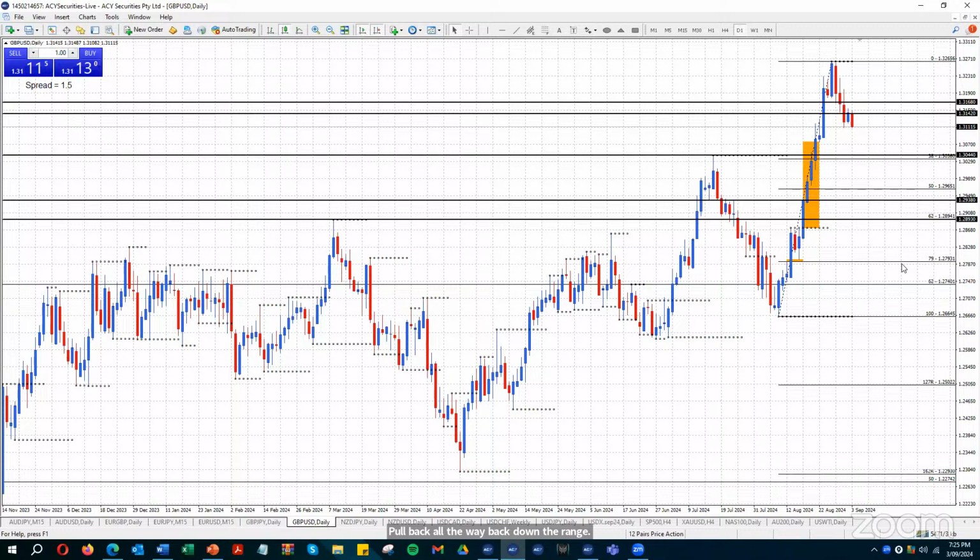If we do move below 130.44 this week, I would expect we're going to fill this whole area here. So my bias at the moment is the short side, not long term, because long term trend's up at the moment, but that long term trend could shift to the downside if we get a significant reversal.